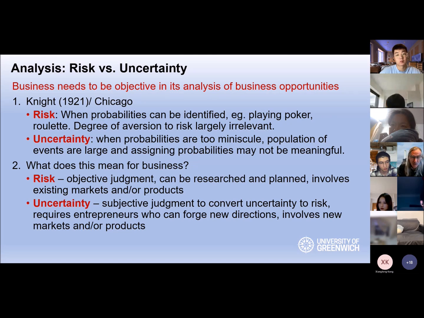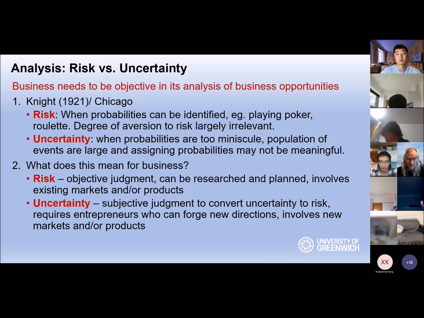So if you're playing a game of poker, you can figure out the odds of you winning. Whether you take that risk or not is entirely down to you. It's got nothing to do with the calculation of the risk. You can't say the risk is too high. It's just whether the risk is too high for you.